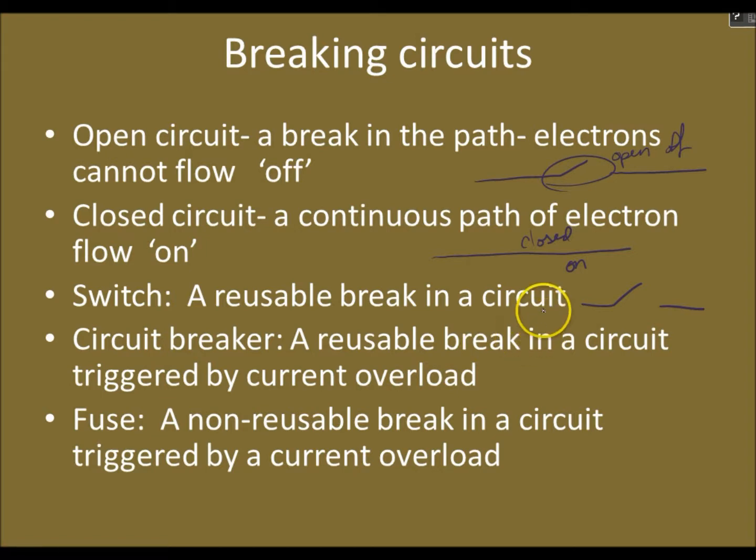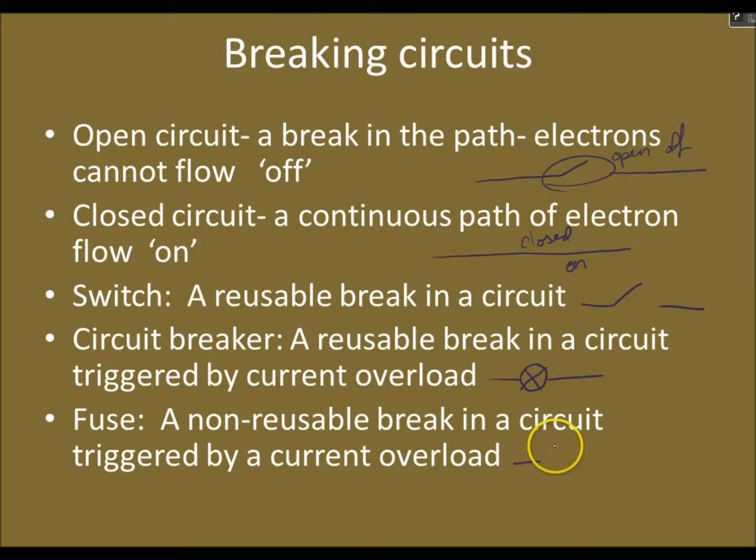A circuit breaker is a reusable break, but that's triggered by a current overload. So it has a little ammeter inside. So if this little box here reads that the current is too strong, it'll automatically flip a switch. Here, just a regular old switch, you can flip whenever you want.